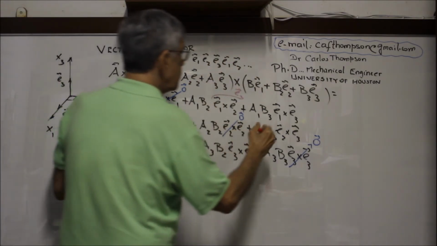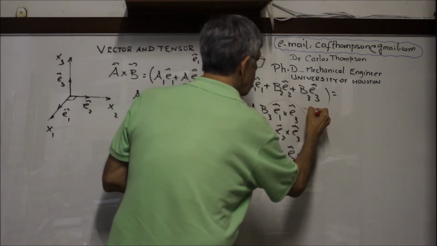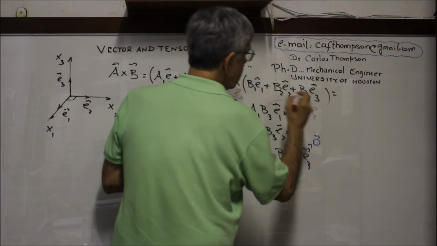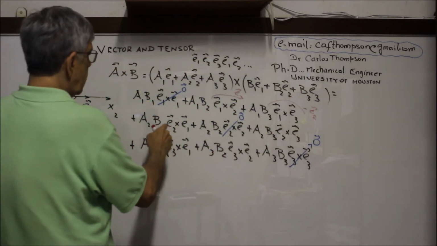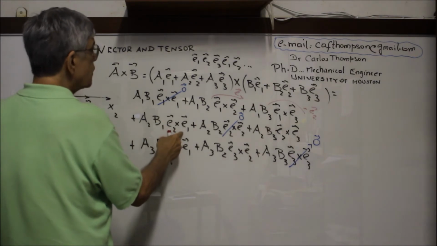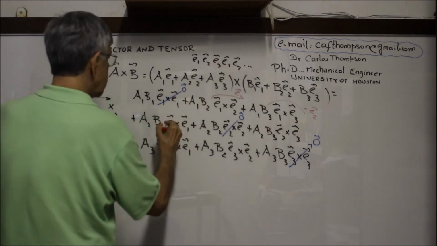That's minus E2. Just quickly, okay? Now, E2 cross E1 will be minus E3.